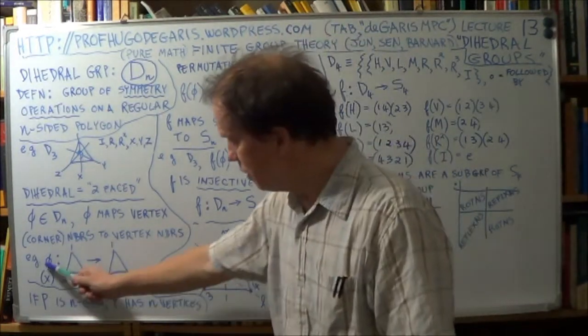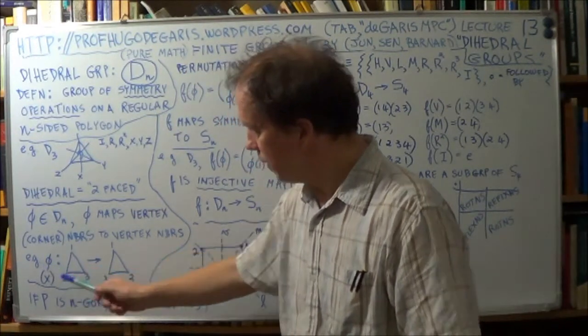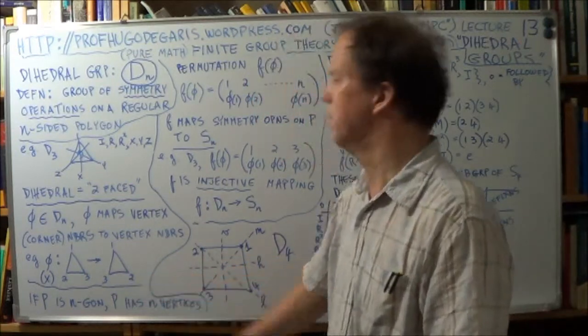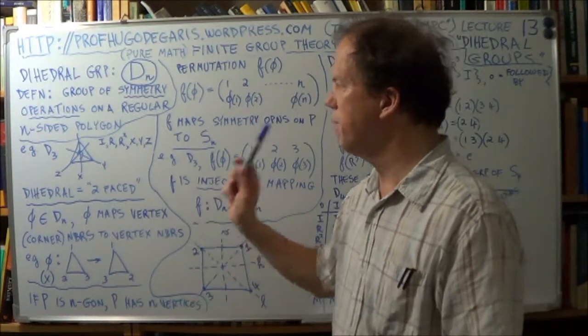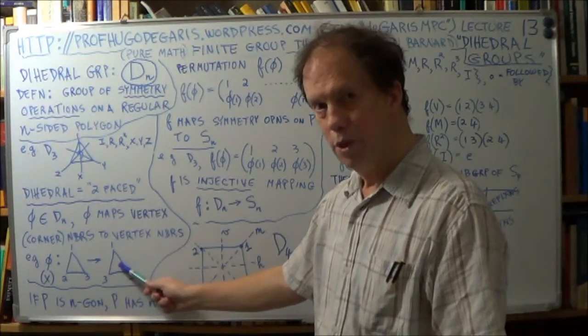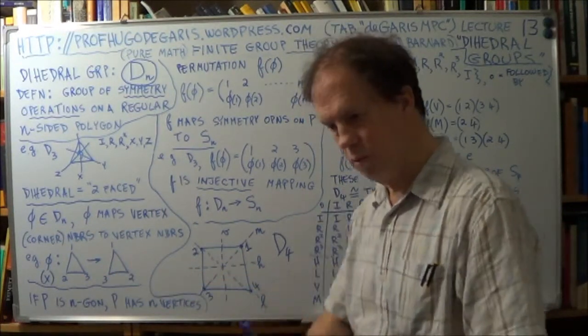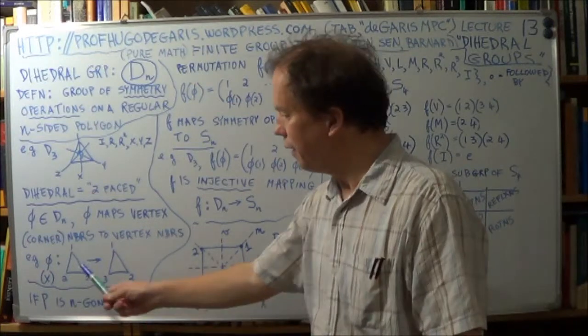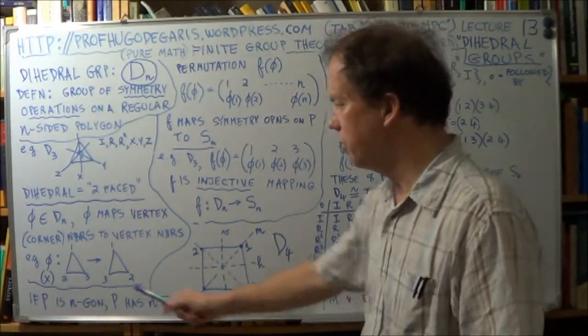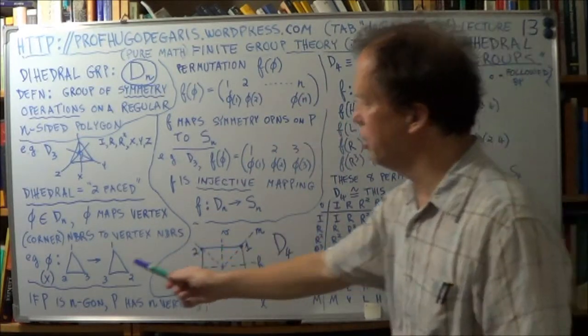It takes 1, 2, 3 into 1, 3, 2. So you can map symmetry operations into permutations. We talked about this at length in an earlier lecture for the triangle, so what we're going to do now is just generalize it.